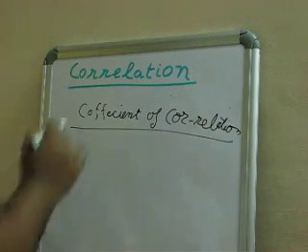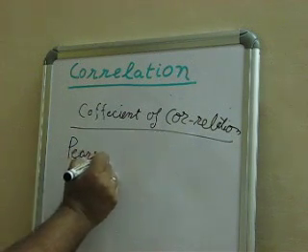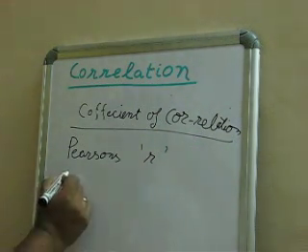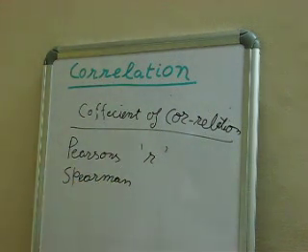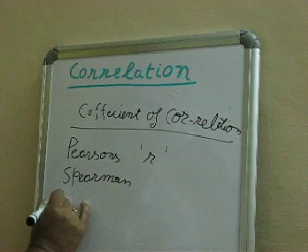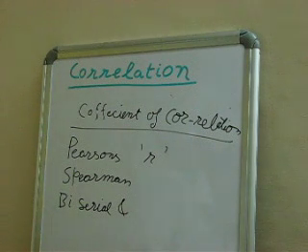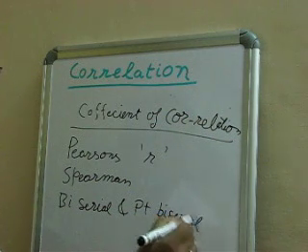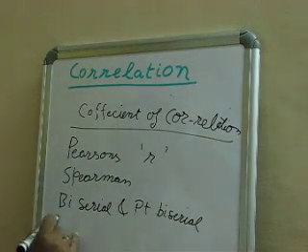It is of several types, like Pearson's product-moment coefficient of correlation, then Spearman's rank coefficient of correlation, then biserial and point biserial, then phi.